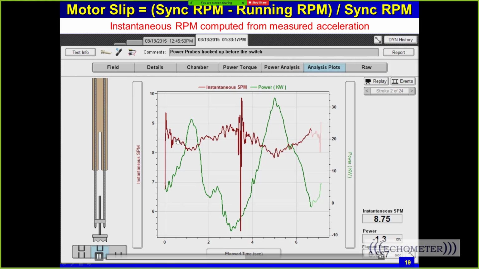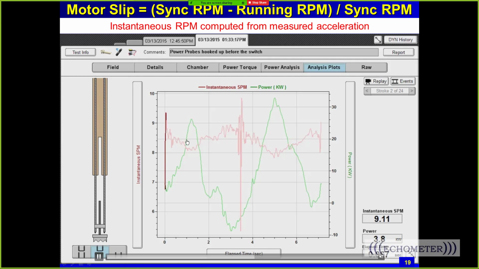That gives us the strokes per minute right here, the instantaneous strokes per minute.